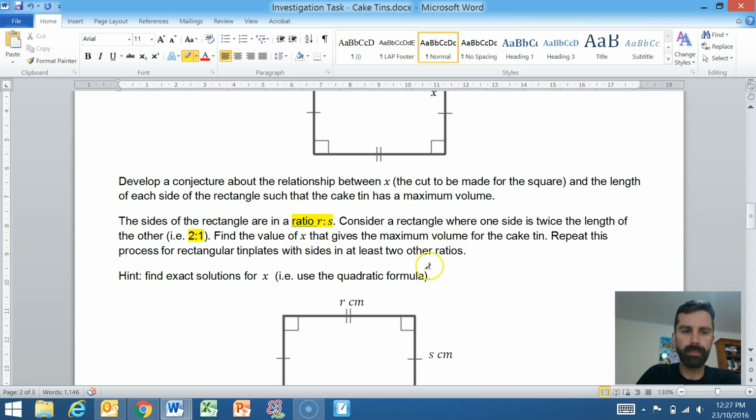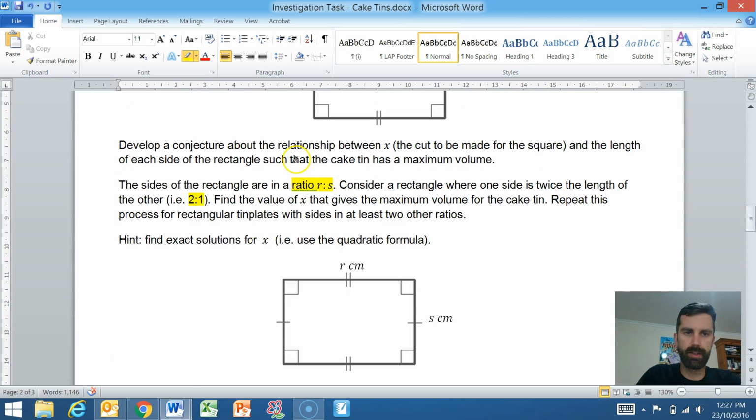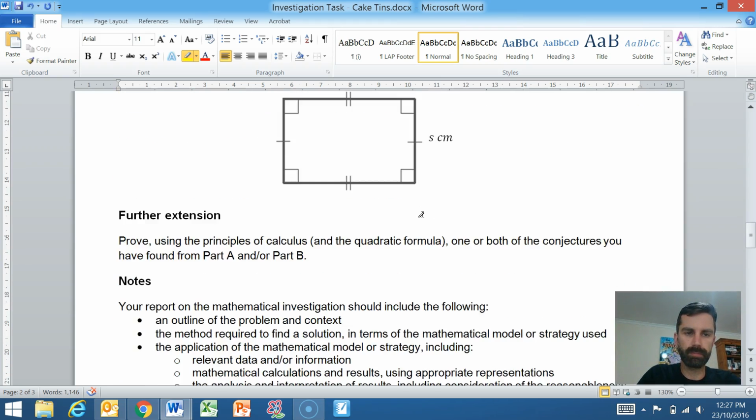It's up to you. Working through those ratios, you again need to find a conjecture about the relationship between X and the lengths of the sides of the rectangle. So in part A we're looking at a square, in part B a rectangle.